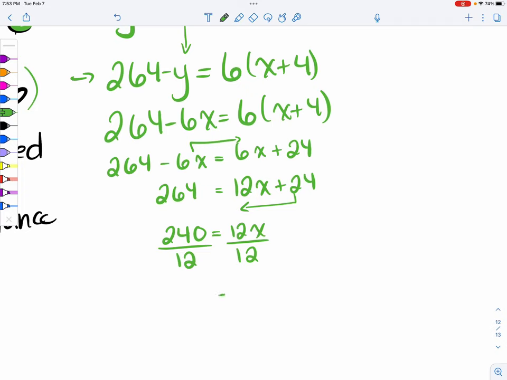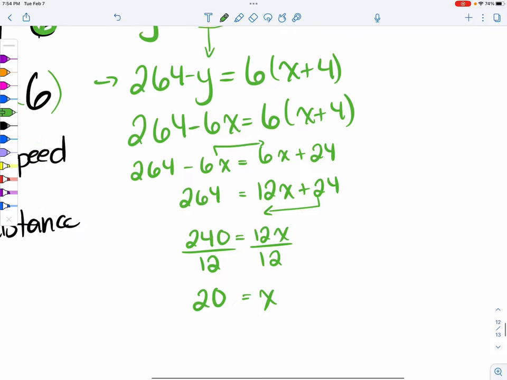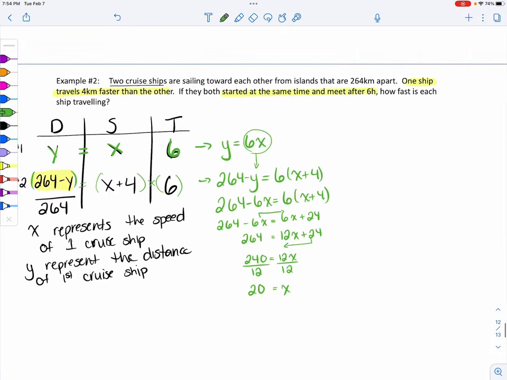And then divide by 12. X equals 20. Just double checking my math there. Okay. The number seemed off, but that's good.